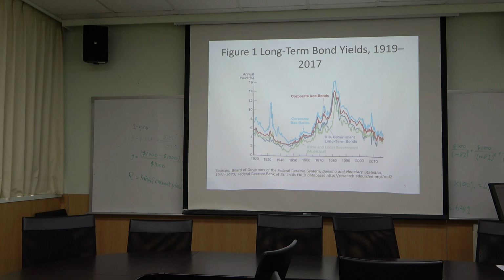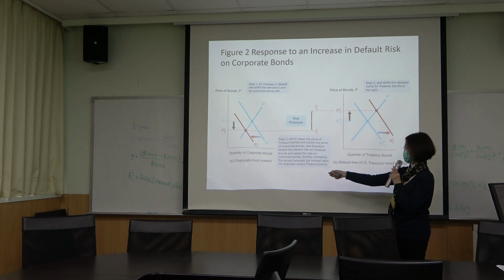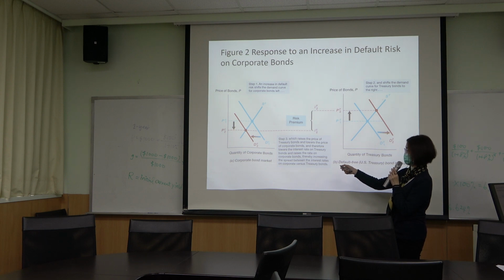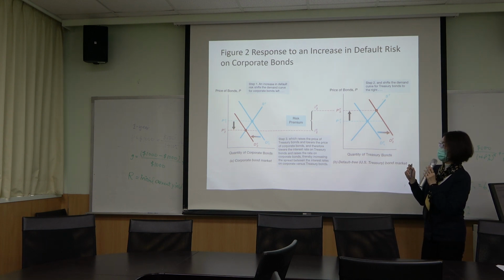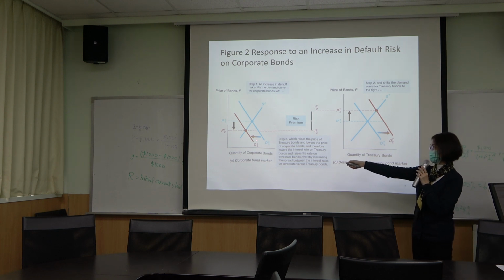So let's see this figure. We compare corporate bond market and the U.S. Treasury bond market. We assume that both bonds have the same maturity. If now the corporate bond market has a higher default risk, then the investors tend to lower their demand for corporate bonds.